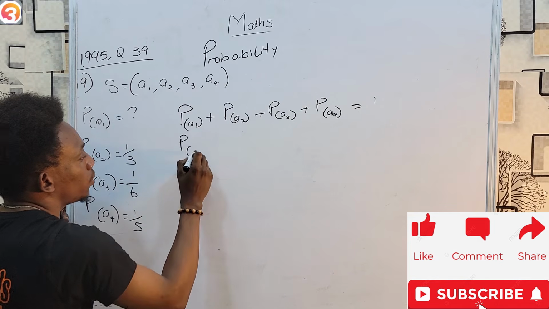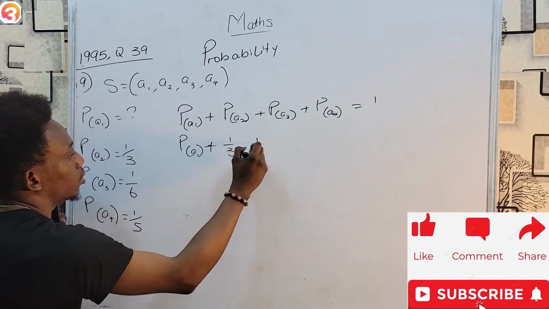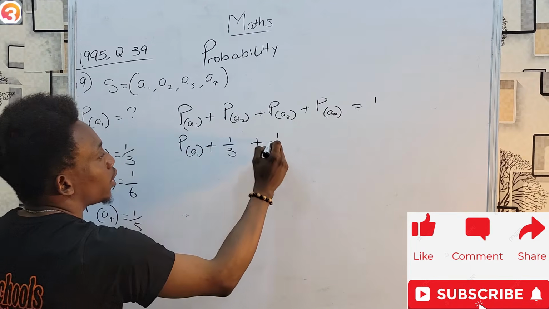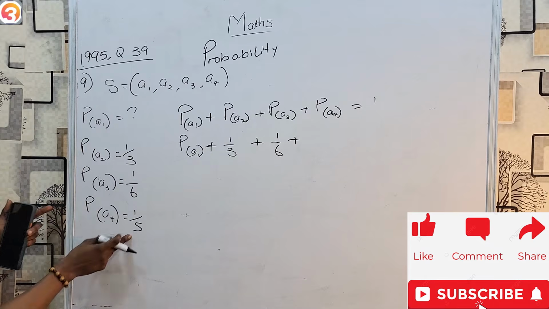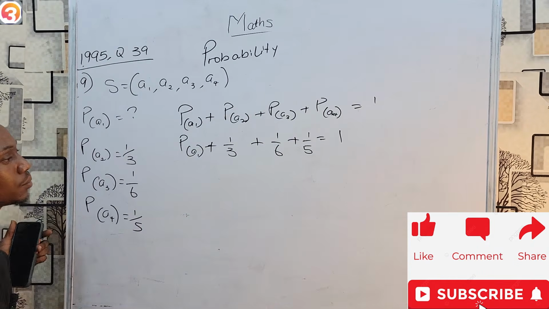I do not know the probability of A1, but I know that A2 is 1 over 3, A3 is 1 over 6, A4 is 1 over 5 equals 1.